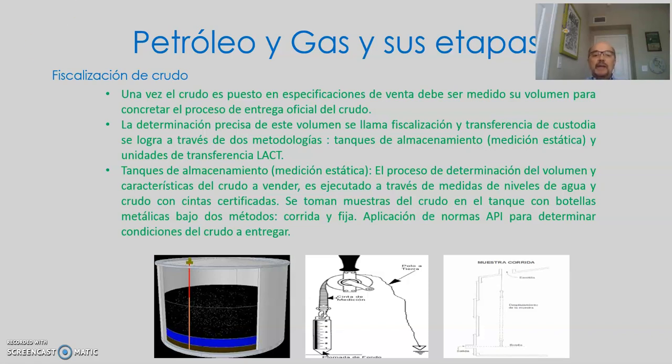One is the static measurements. Well, first, after the feed water knockout, there is a process that I'm not describing here, but if you have heavy oil, you need to do a lot of things to put that oil at 0.5% water cut. When it's light oil, it's easier to put it in spec.